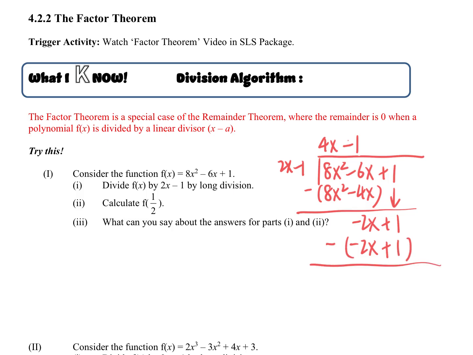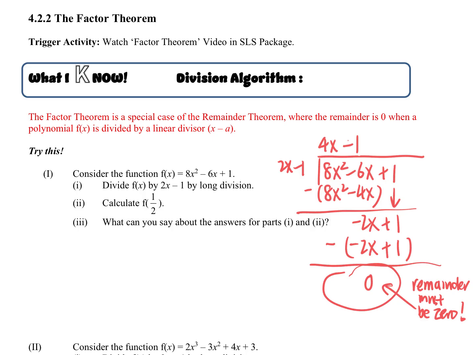So you will notice that for the long division that you are doing, your remainder must be 0. This is the only key thing. Your remainder must be 0.